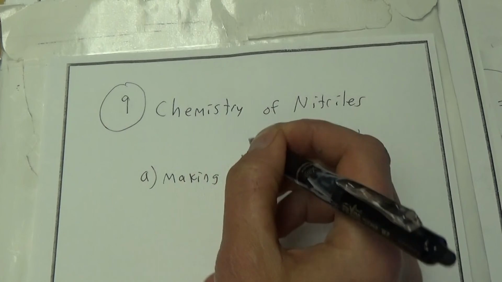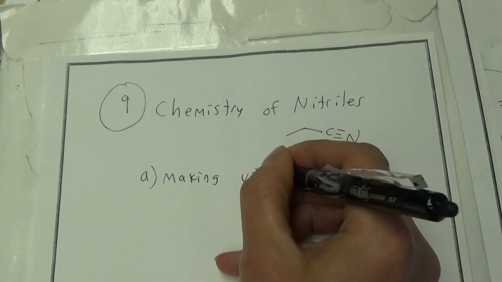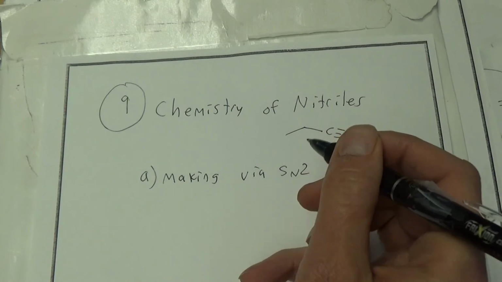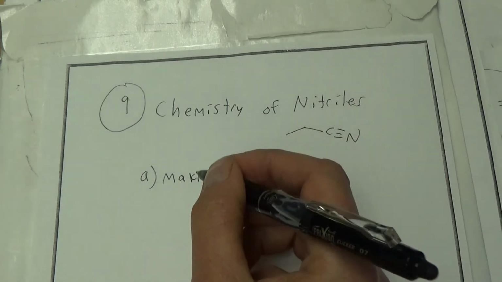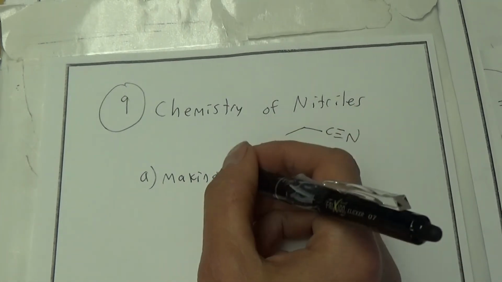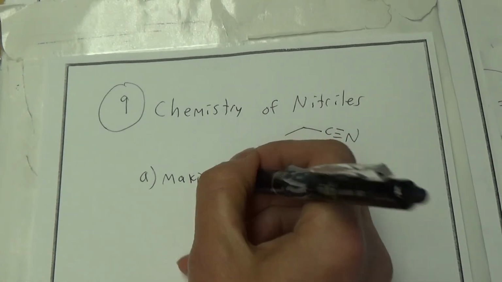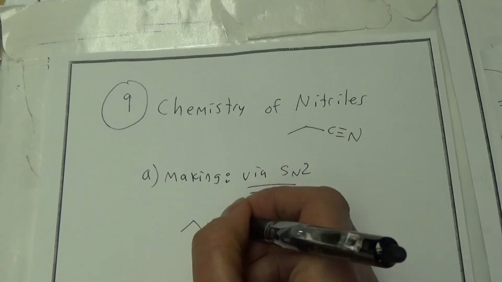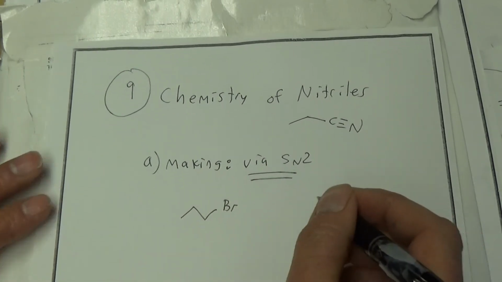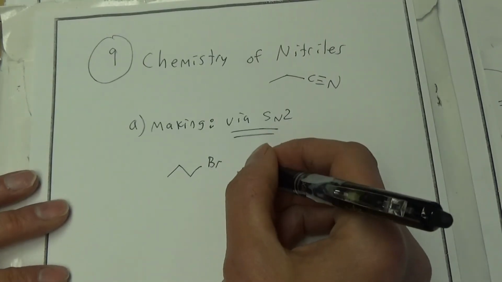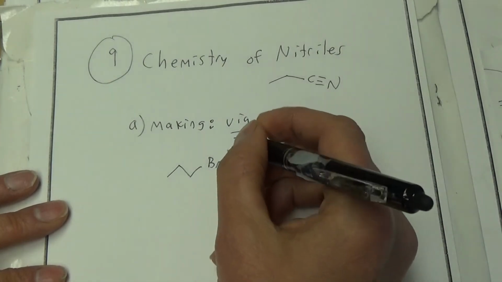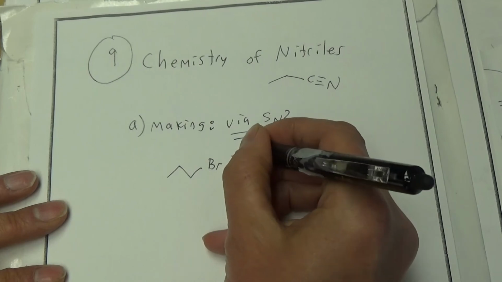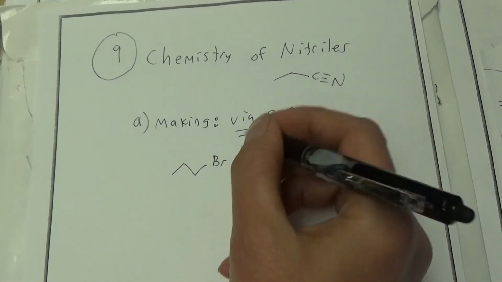Making nitriles. How do you make nitriles? Via SN2 is one great way to make nitriles. So if I have a suitable leaving group on a carbon, and I react with cyanide, in a solvent like DMF.